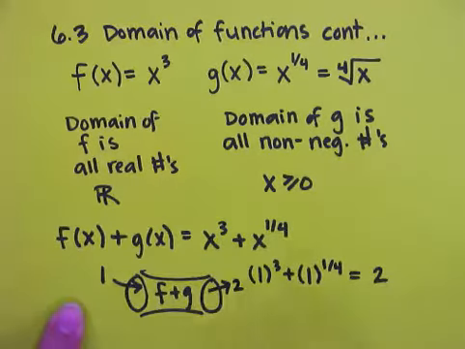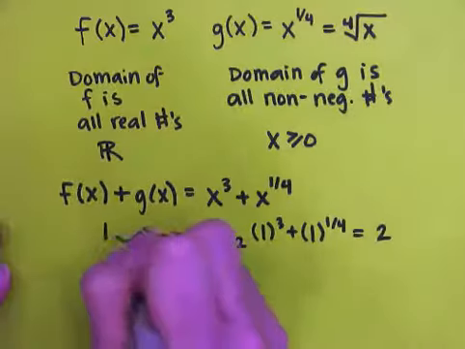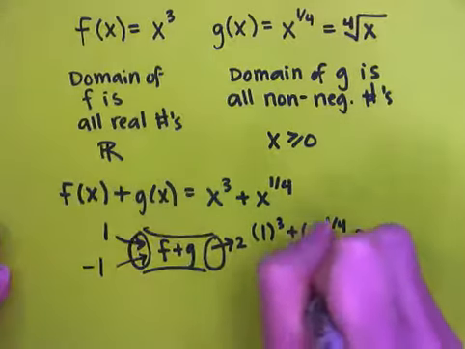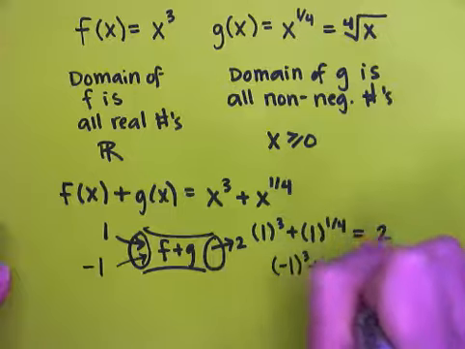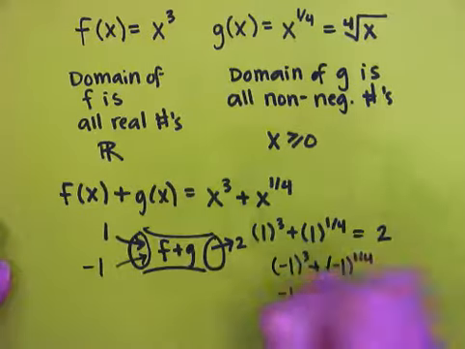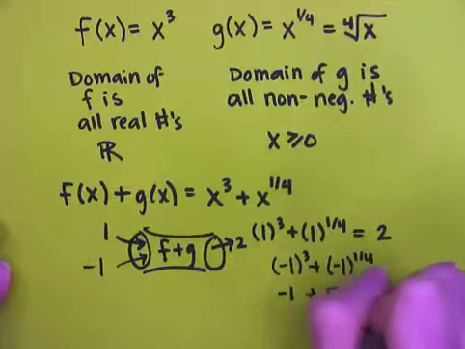And that works just fine because 1 is part of both of the domains. Now, if I tried to plug in, let's say, -1, I would get -1 cubed plus -1 to the 1/4. -1 cubed is -1. However, -1 to the 1/4 would give me an error.